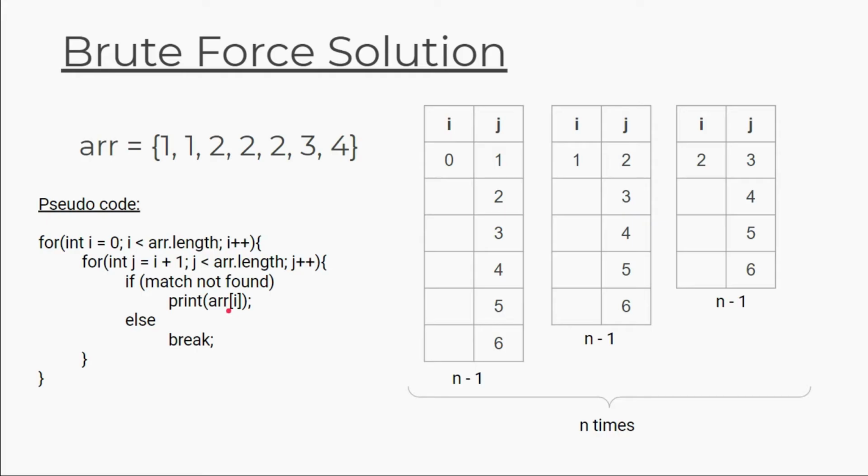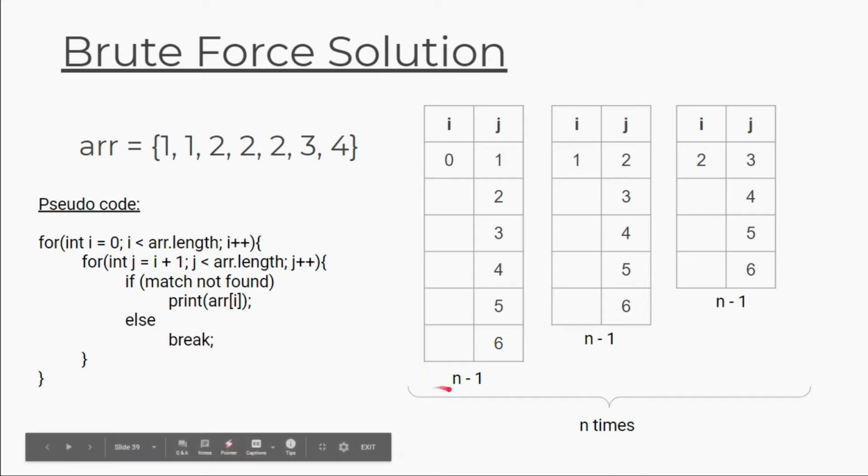To optimize this solution, we can break the inner for loop as soon as the matching value is found, because it makes no sense to search for another matching value. And we will do this with each element of the array. So let's see what's the time complexity here.